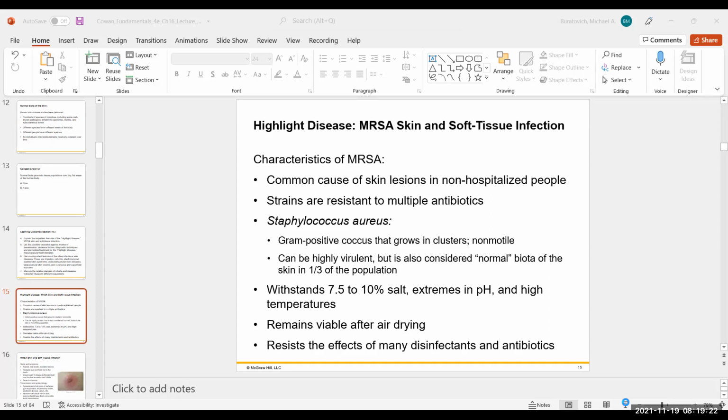So if someone has suspected cellulitis, you treat it and you treat it right away. If it's a small patch, you can usually treat it in an outpatient fashion using cephalexin or dicloxacillin.